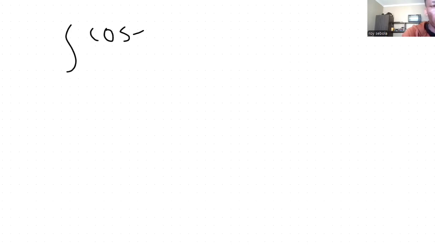We have the integral of cosec squared x divided by 1 minus cot x, squared.